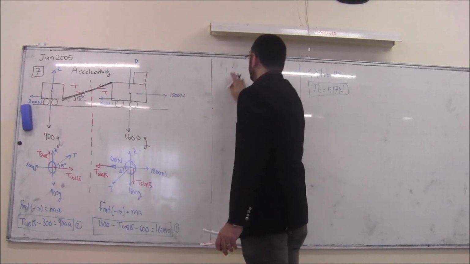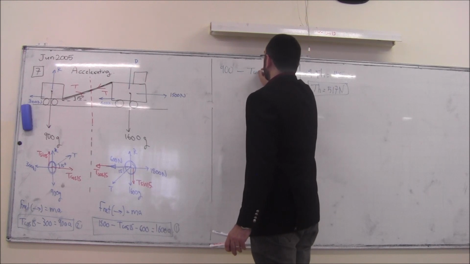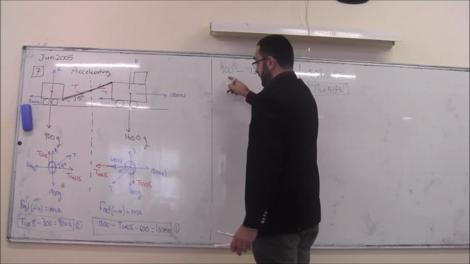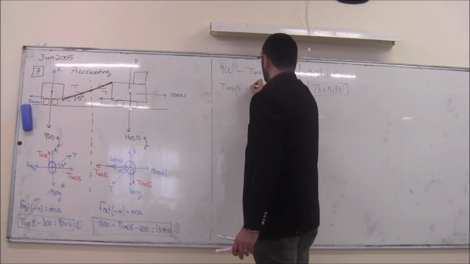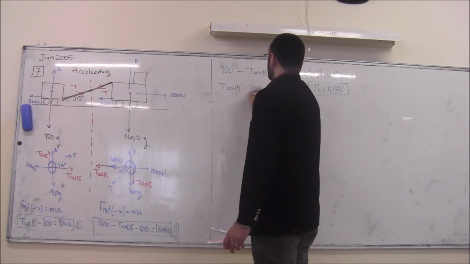1,500 minus 600 is 900, minus T cosine 15 equals 1,600A. The second one, T cosine 15 minus 300 equals 900A.